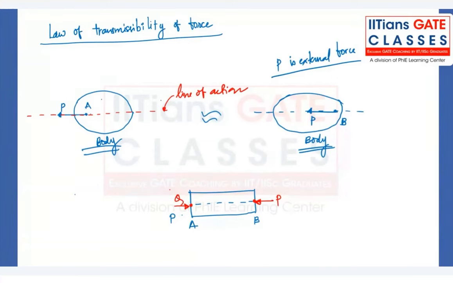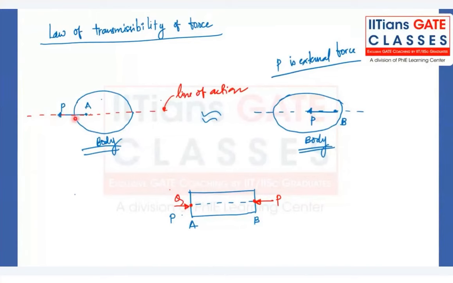So let us take an example here. We have a body, and we applied a force P at point A. The red line indicates the line of action. Line of action is the line which is along the force direction. I hope you are getting it.